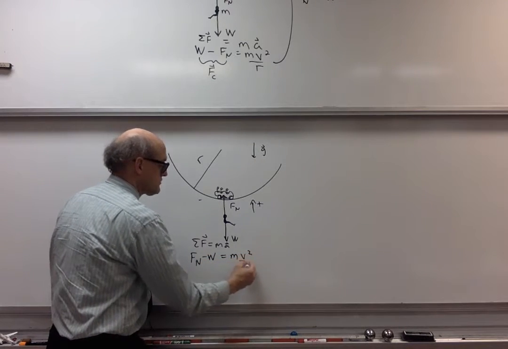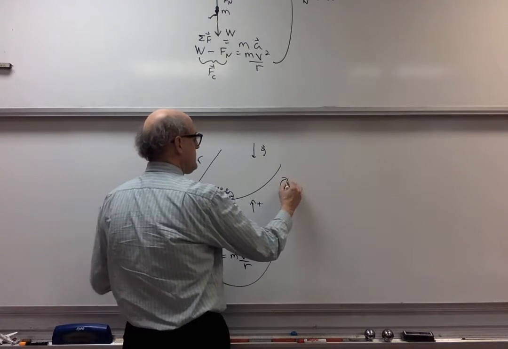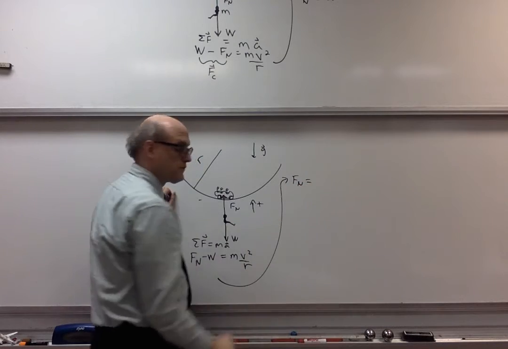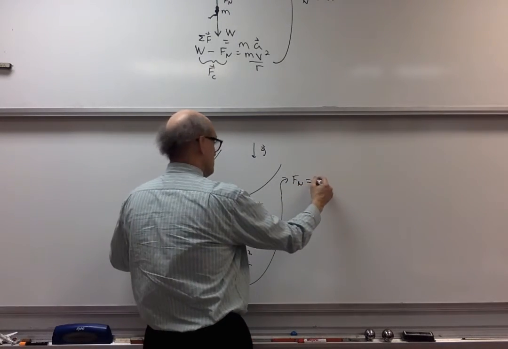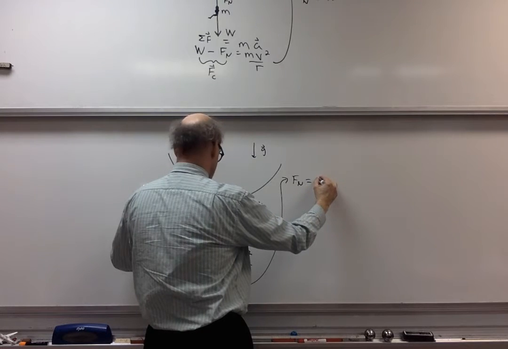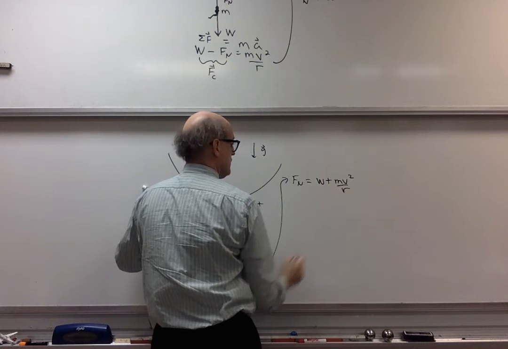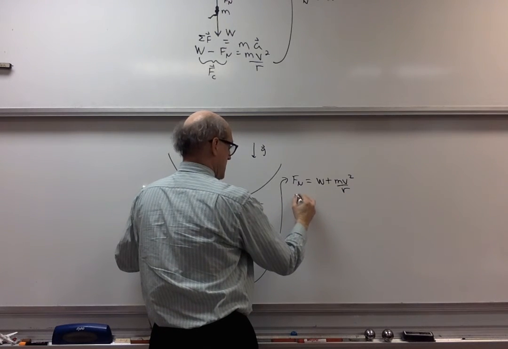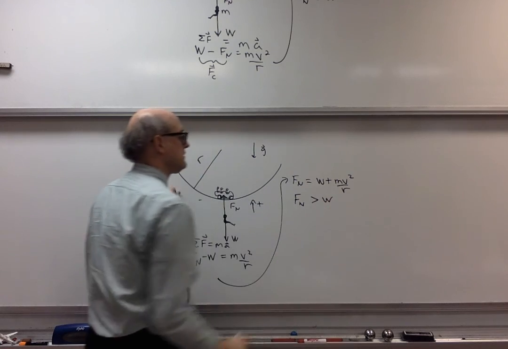And acceleration is v squared over r. So here we could solve now for Fn and see how the rider feels in the dip of the hill. So we have Fn is equal to weight plus mv squared over r. So you can see that this person is going to feel heavier than they actually weigh.